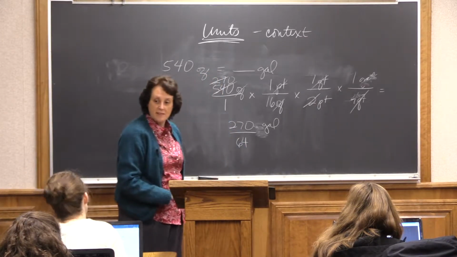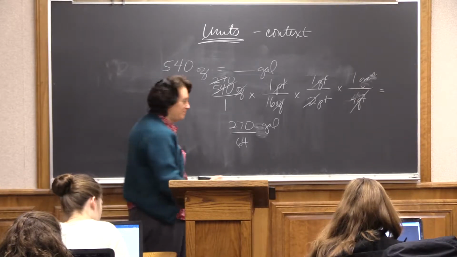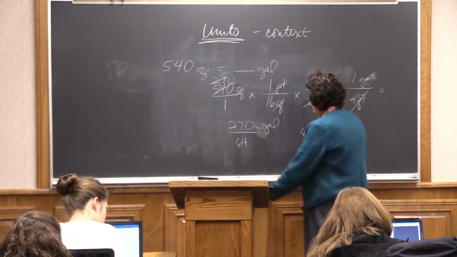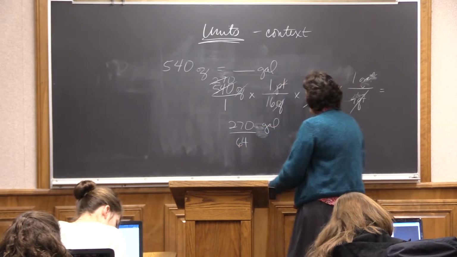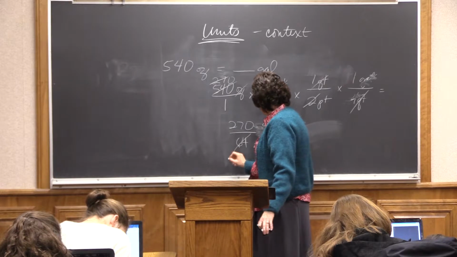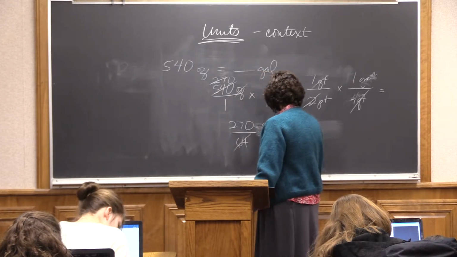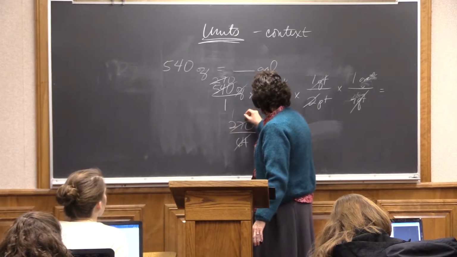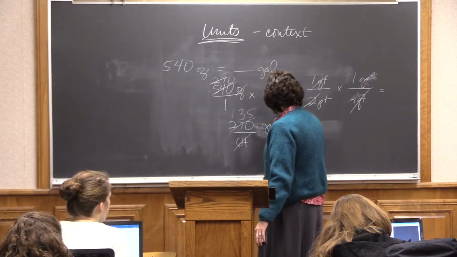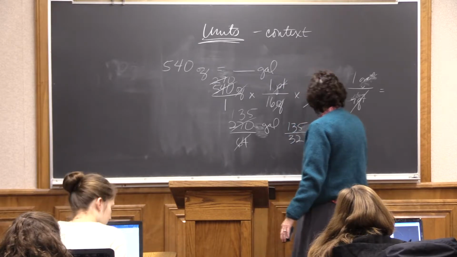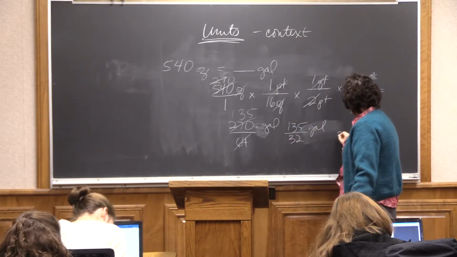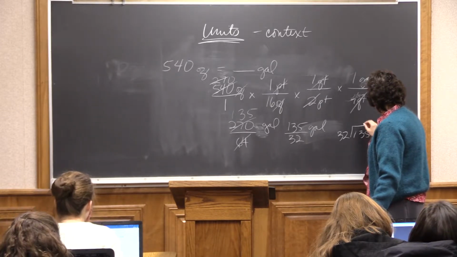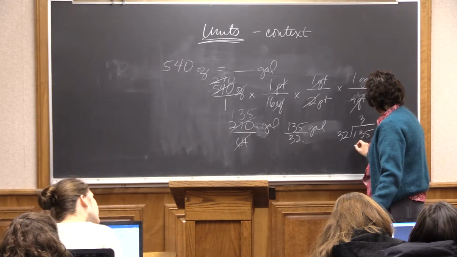So how many gallons is that? They're both even. I can go by 2 again. 2 goes into 64 32 times. 2 goes into 270 135. 32 into 135 is going to be 3.